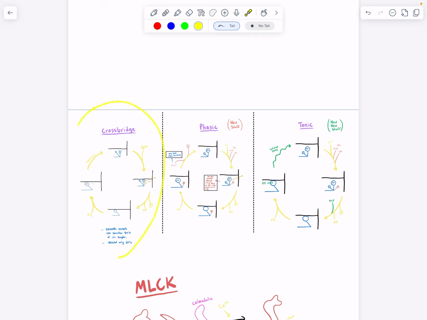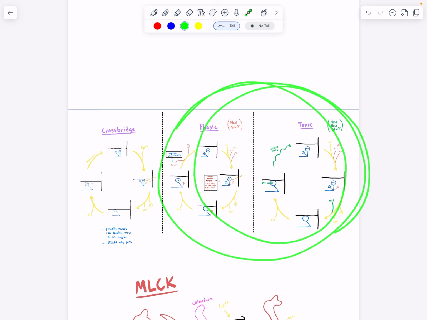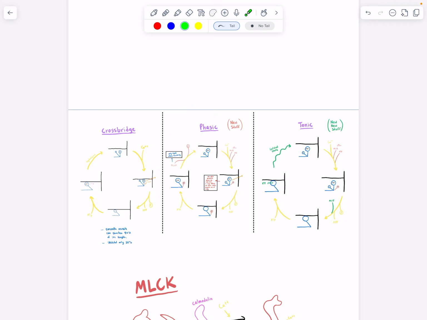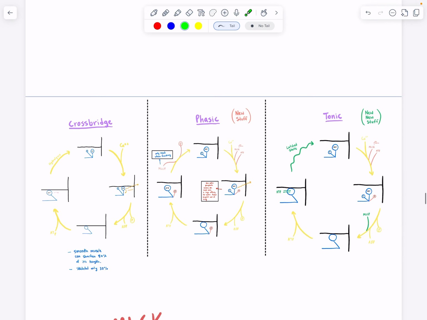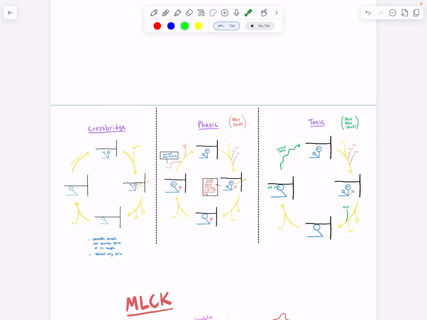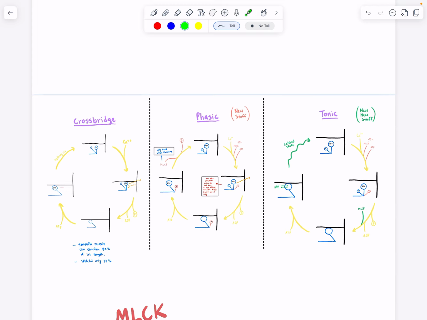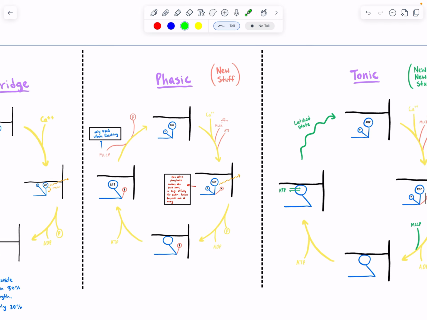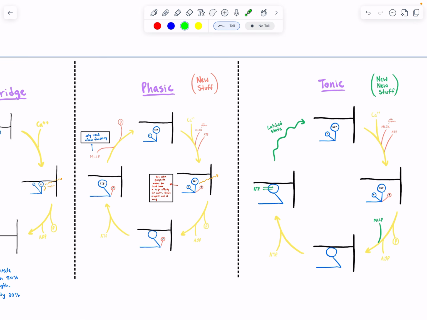So this is skeletal, and these are smooth muscle. So we'll go into these different kinds. So we got phasic and tonic. So they're kind of different cycles we have that deal with the two different kinds of smooth muscle. So we'll start with the phasic.